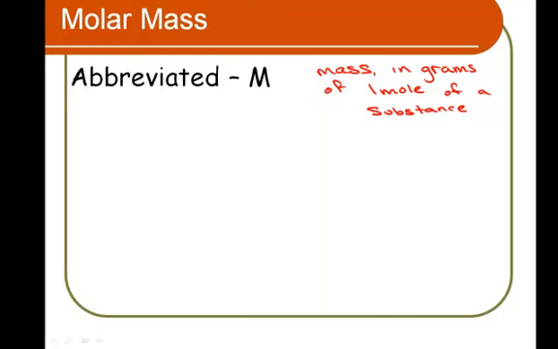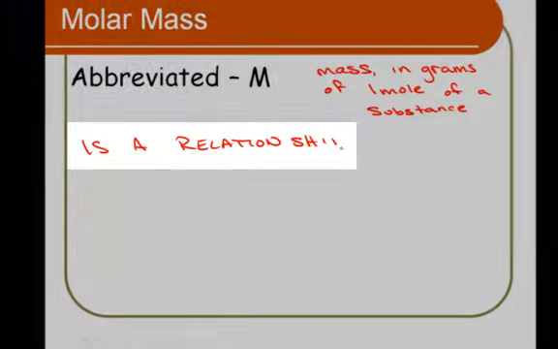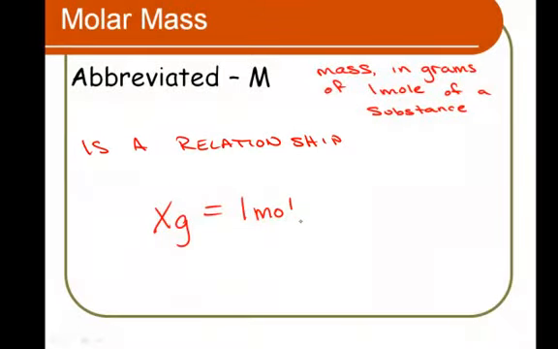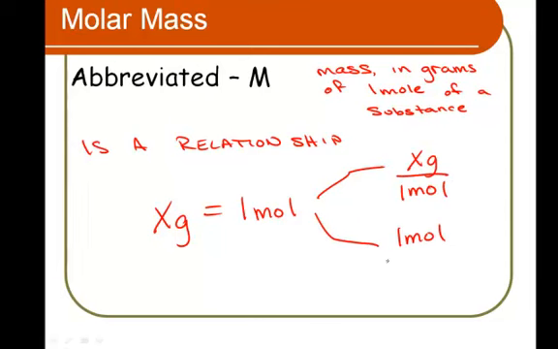So it's important to understand that molar mass is a relationship. It's some number of grams equal to 1 mole. And since it's a relationship, we can write it as a conversion factor, where we'd say some number of grams over 1 mole, or 1 mole over some number of grams.